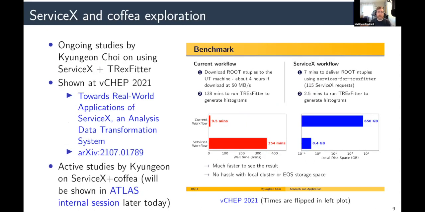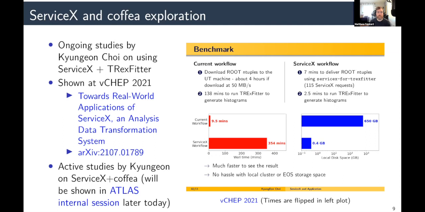On slide 9, we also have, moving up the stack again, some ongoing studies that have been shown both at vCHEP 2021 and also at other IRIS-HEP workshops on using ServiceX and Coffea for different analysis workflows in ATLAS.